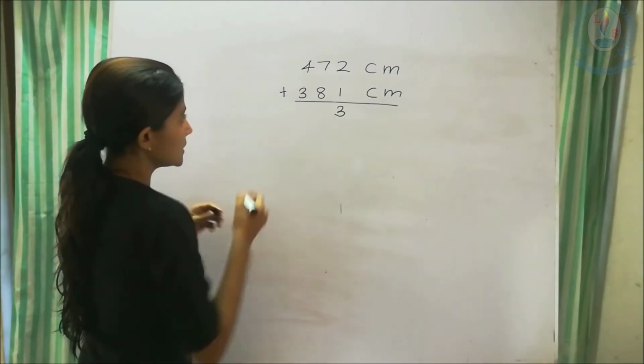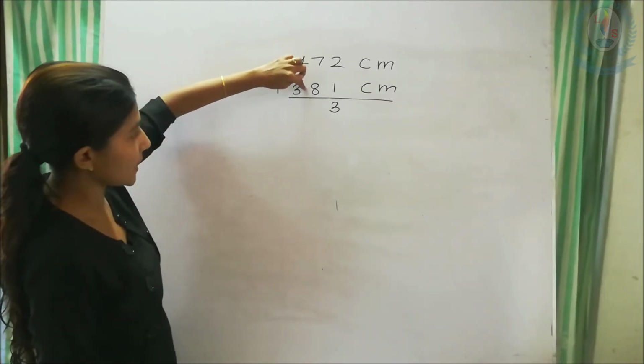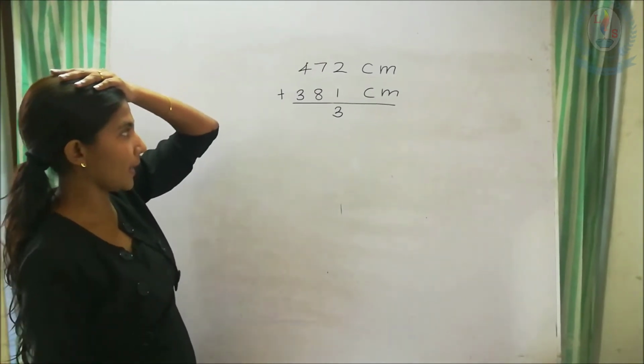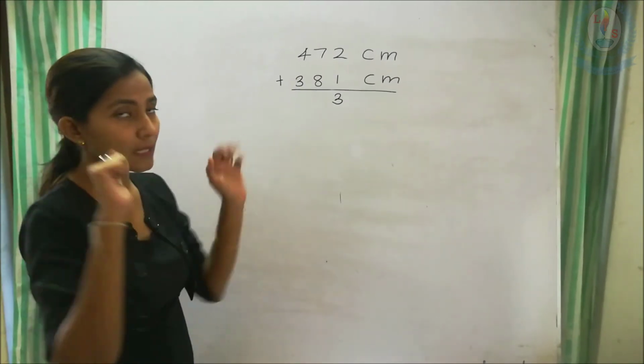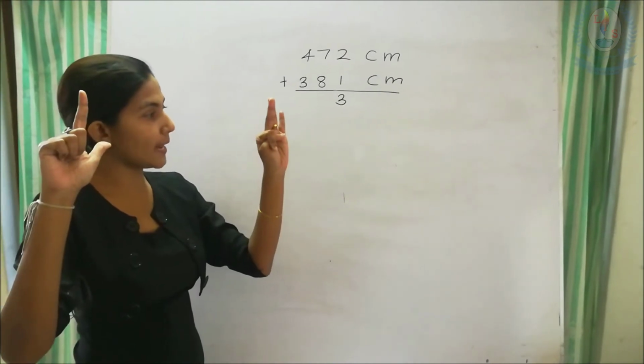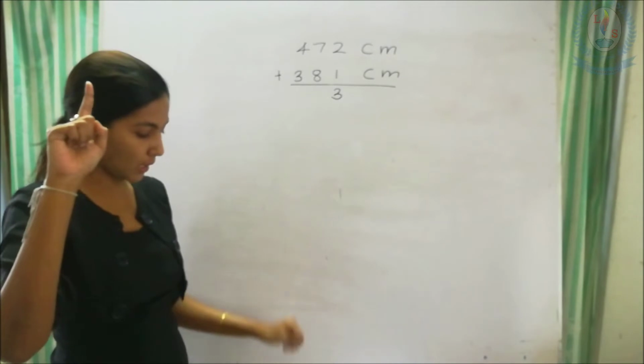Then 7 plus 8. The big number is 8. So you can take 8 to your head and take the small amount to your hand. 8, 9, 10, 11, 12, 13, 14, 15.